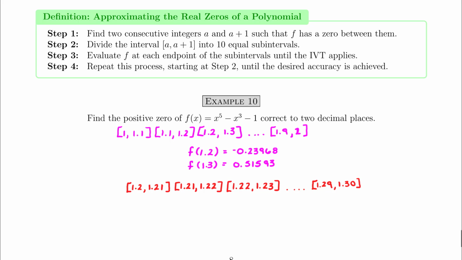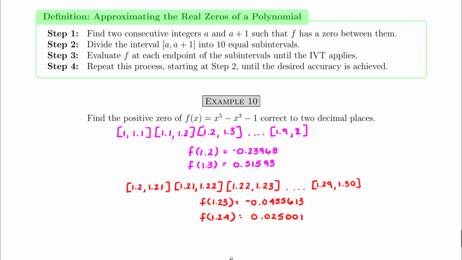Again, we test these values. 1.2 to 1.21, it's negative, negative. 1.21 to 1.22, negative, negative. And all the way up until we get to 1.23, which is negative 0.04555613, and 1.24, which is going to be a positive number, 0.25001.